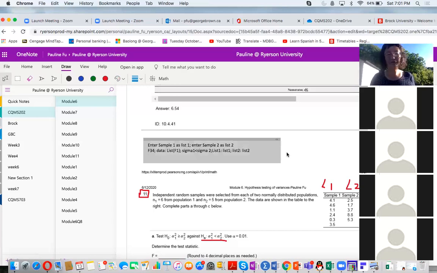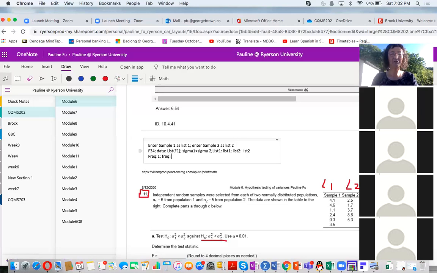And then frequency 1, just keep the default setting, frequency 1, and you have another frequency 1. So after all of this, you press EXE, and you will get the F test statistic.